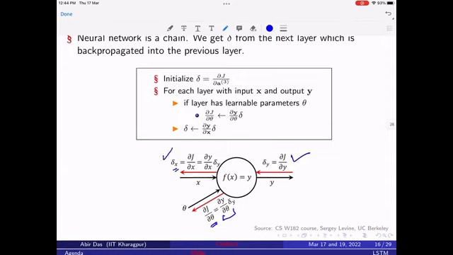Delta with respect to y basically means the derivative of loss with respect to the output. And for that, you just multiply this delta y with the derivative of the output of the layer with respect to the input. So this is basically a graphical way of showing this backpropagation.